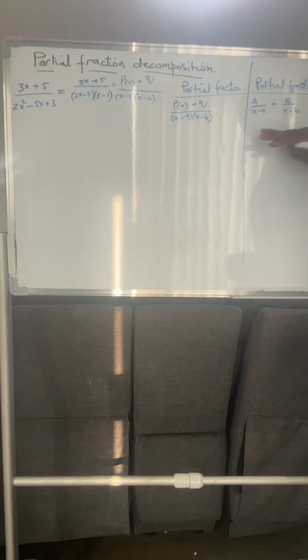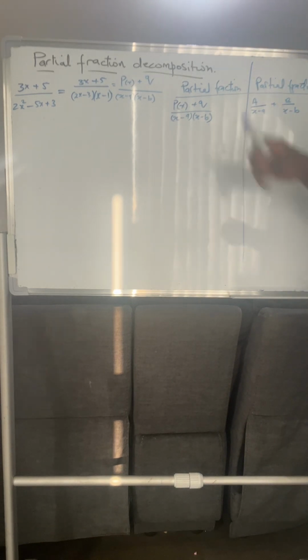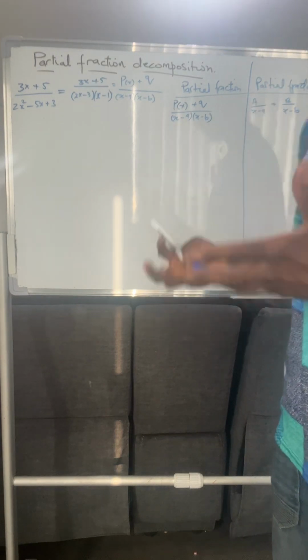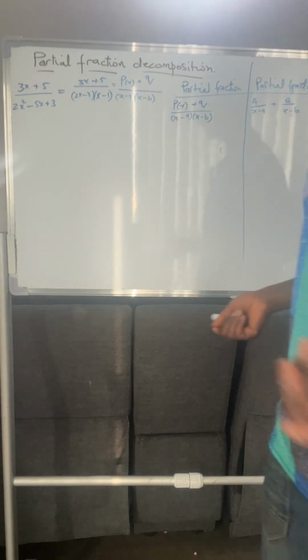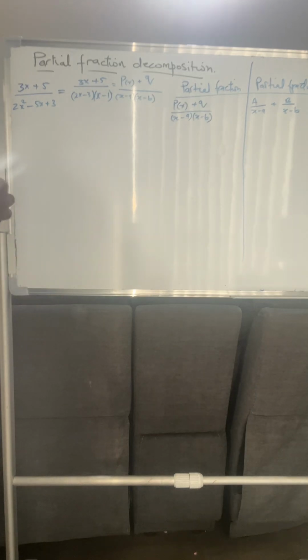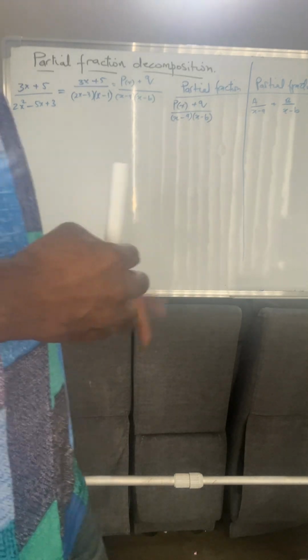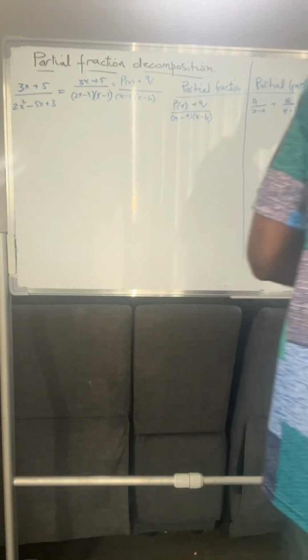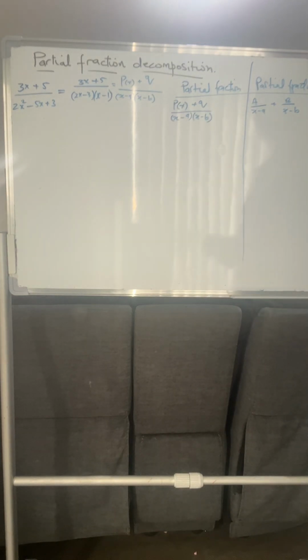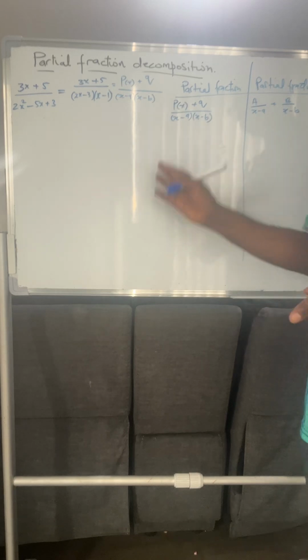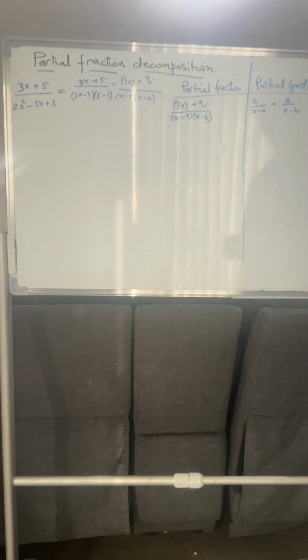That is what we are going to look at here. The method of solving partial fractions can vary from problem to problem, but the method is almost the same. Once you are able to recognize the category that the partial fraction falls into, the method of solving them is either equating the coefficients or elimination, what we did in our second problem.